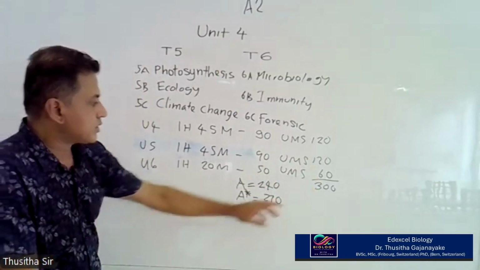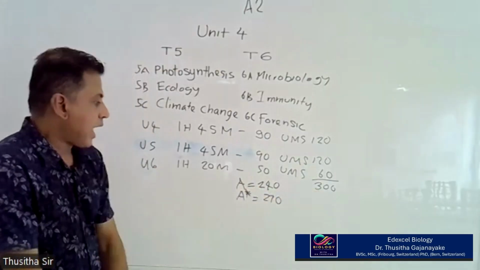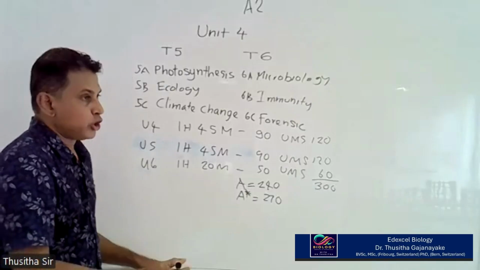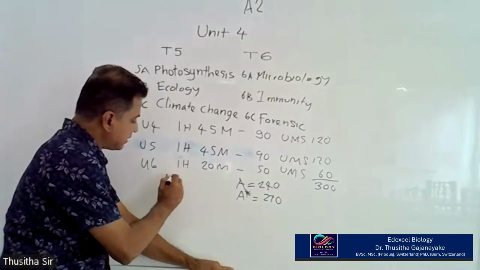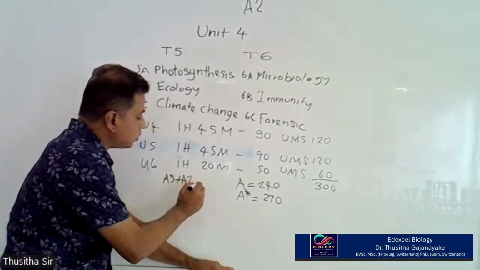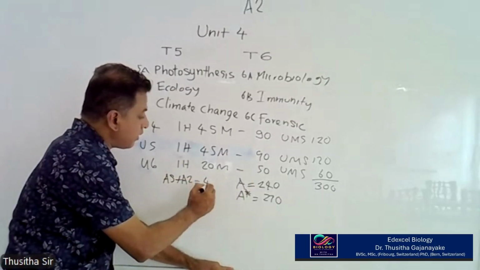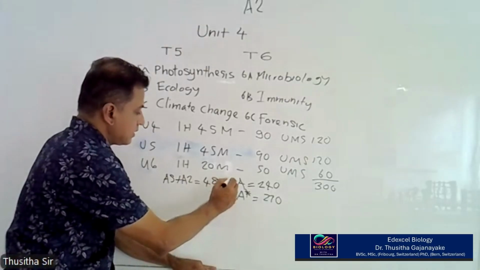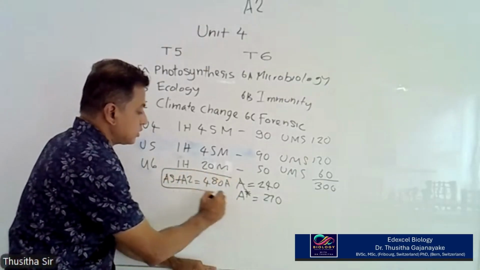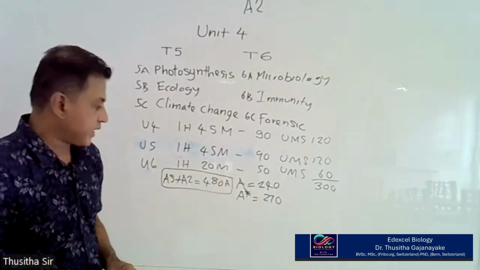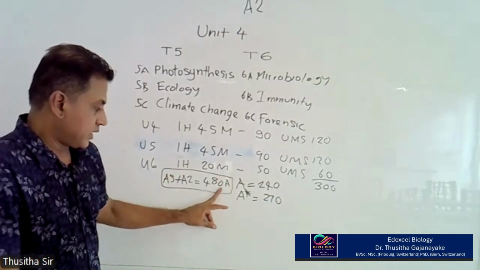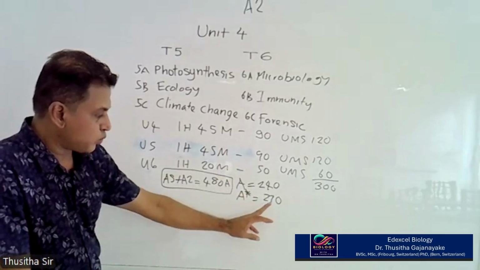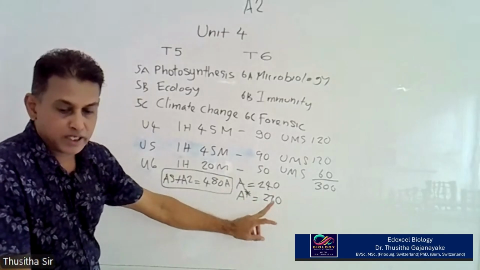To get an overall A, you need AS and A2 together to total 480. Then you get an A. And if you want an A star, you need to get 270 in A2.